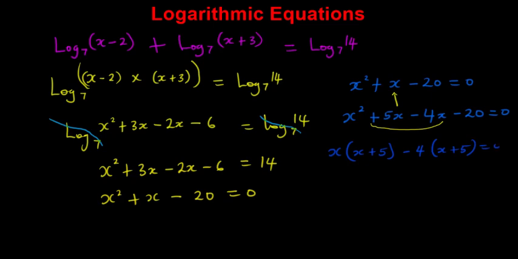So we have x minus 4 equals 0, or x plus 5 equals 0. So our x will therefore be equals to 4 or minus 5. So back to here, x is equals to 4 or minus 5 for this equation.